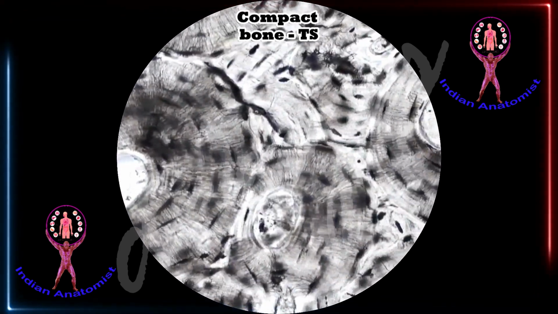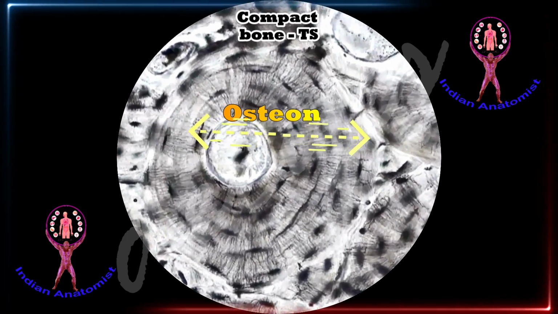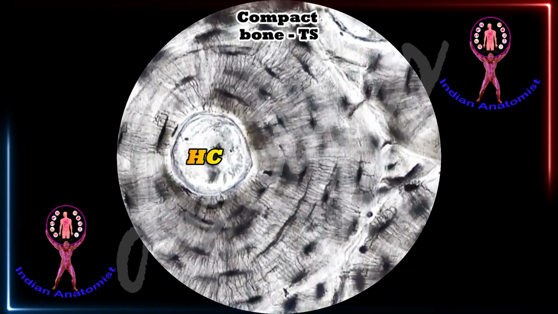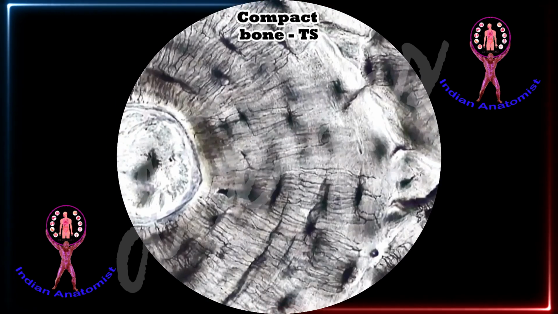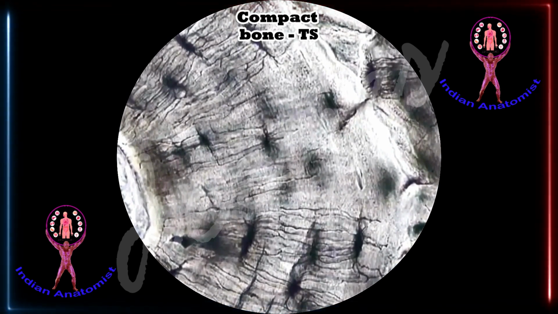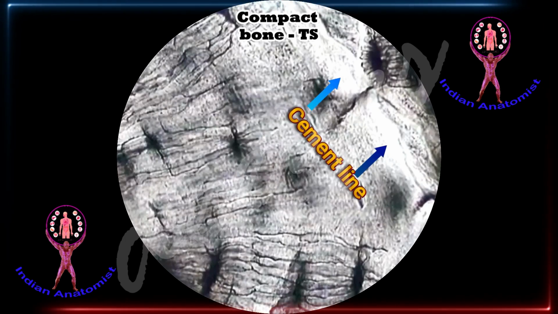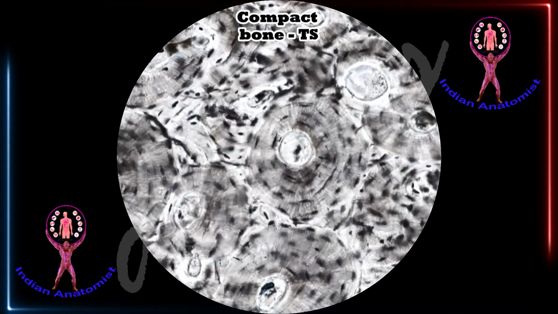While we are still zooming in, each osteon has many concentric rings that circle the central Haversian canal. Close by, there is a white refractive line called the cement line, which is present between the two osteons.